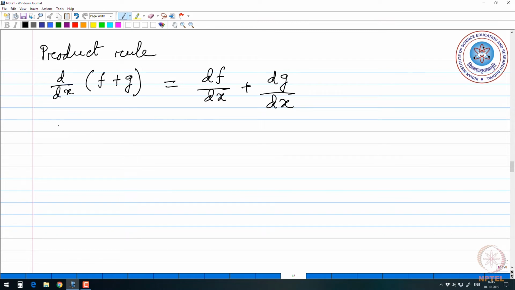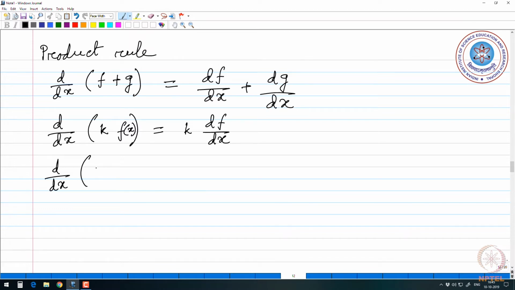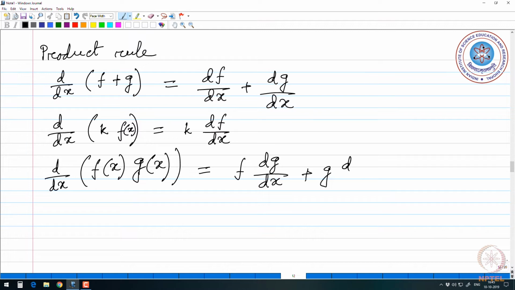We have also the product rule: d dx of a constant multiplied by the function of x, the constant comes out, and then df dx, we are all aware of it. If we take the derivative of the product of two functions, that is f(x) times g(x), we get f dg dx plus g df dx.